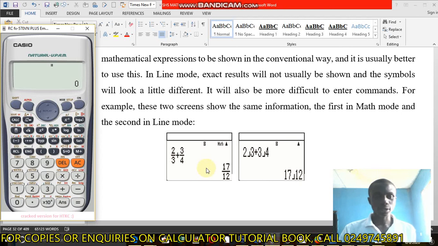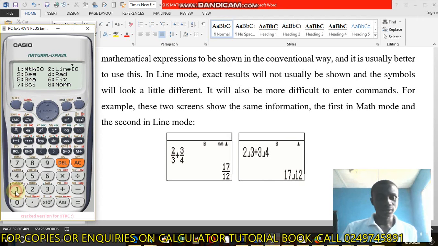Now, any time your calculator moves from the math mode to this line mode, you have to change it back to the math mode. So, in the examination room or during prep in the classroom, when you find yourself in this condition, don't worry at all. You just have to press shift and you press mode.